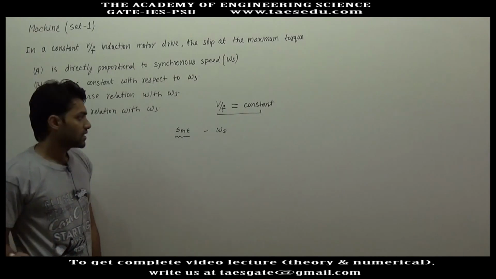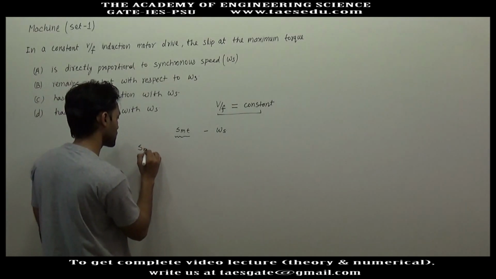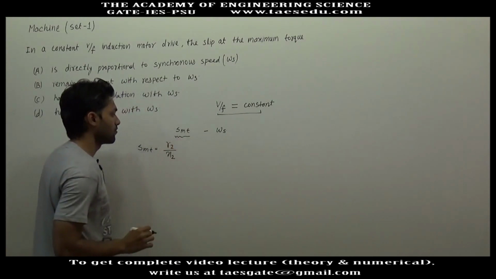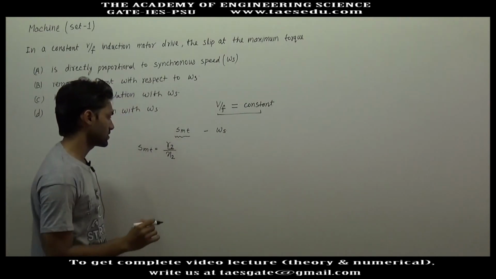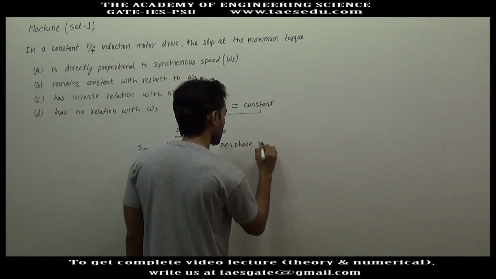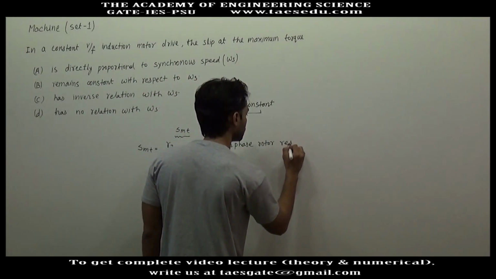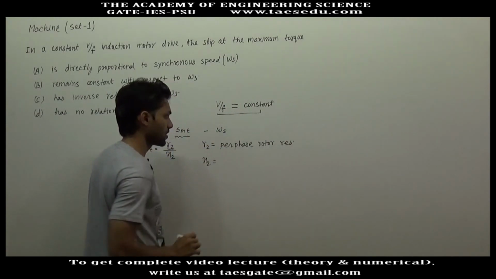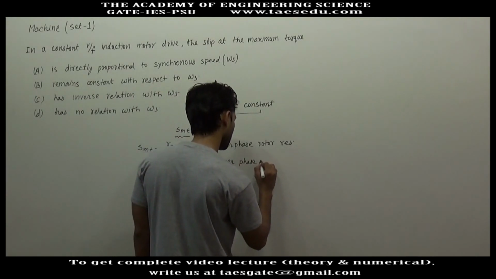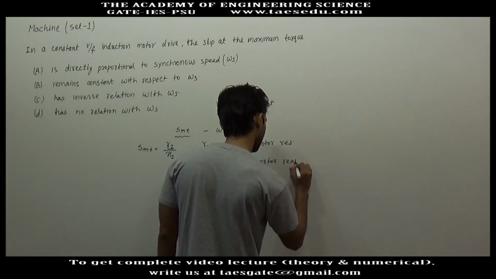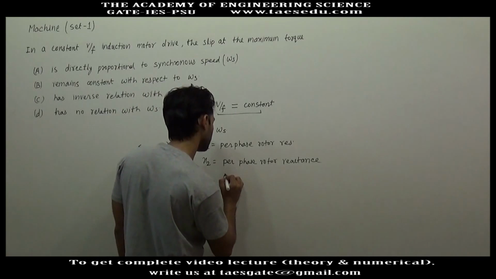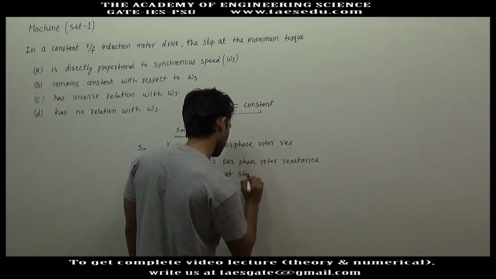So in general, in an induction motor, slip corresponding to maximum torque is R2 divided by X2, where R2 is per phase rotor resistance and X2 is per phase rotor reactance at standstill.